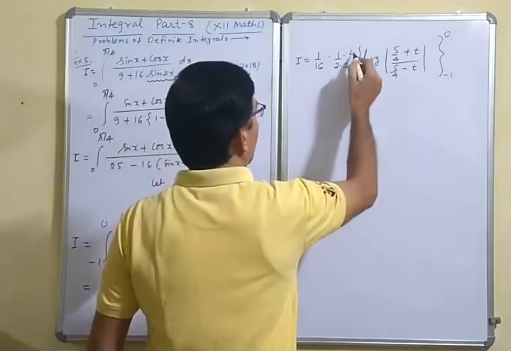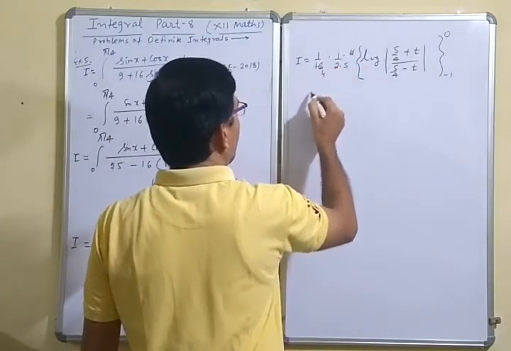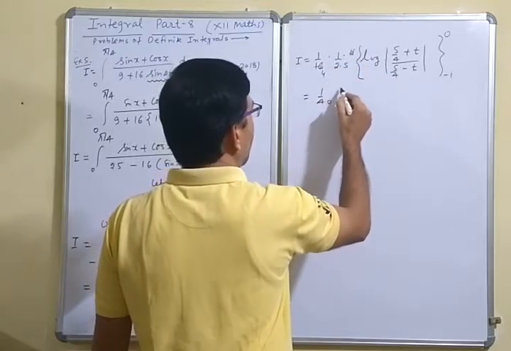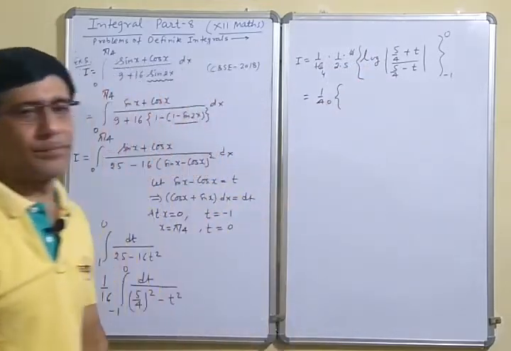So now 4 cancels out, 4 into 16, 4 into 2 is 8, 8 into 5 is 40. Now this is 40. So now take the limits.